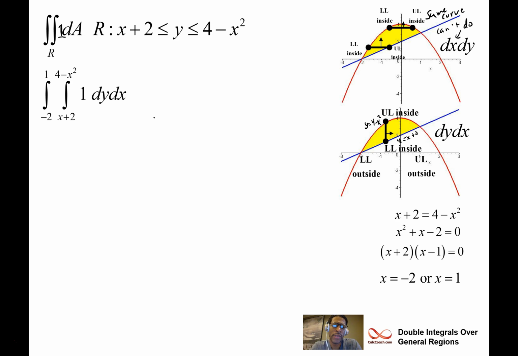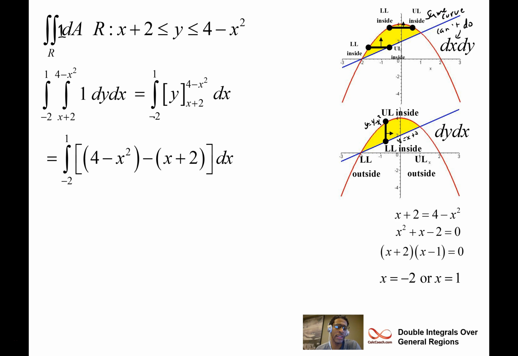And so the integration of 1 with respect to y is just going to be y. And then we put the 4 minus x squared in and the x plus 2 in. And now we just have a simple first semester calculus integral. We could simplify by putting together the 4 and the 2 and then rearranging so it's in decreasing order.